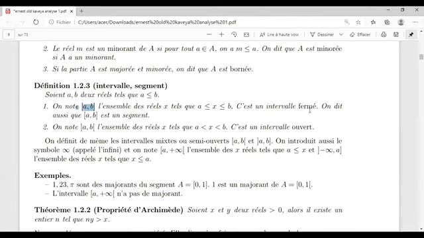On appelle ça closed interval, and we represent this by closed brackets. On dit aussi que [A, B] est un segment. So we can also say that [A, B] is a segment because we have a certain range, but it's a well-defined range because it's a closed interval.